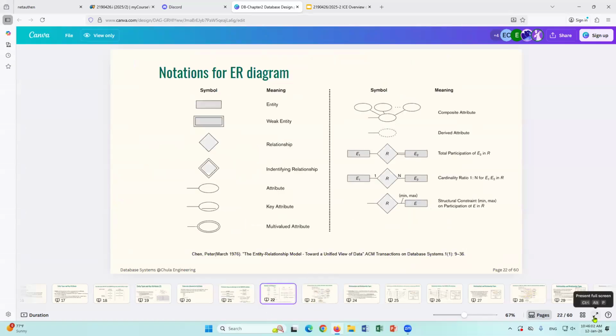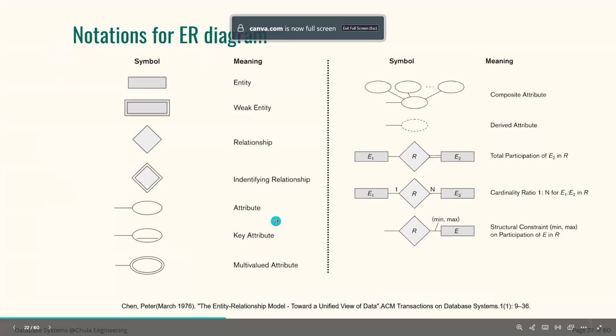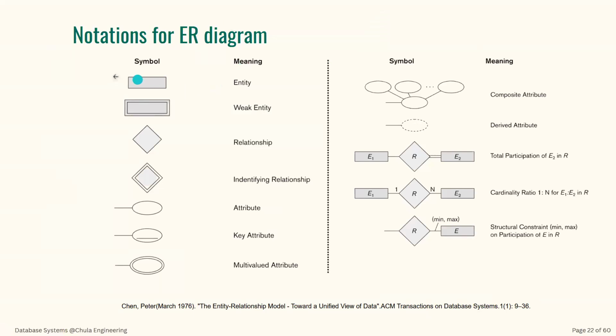All right. Now, so to sum up all the notations from the previous example, you will see that the entity or entity type is a rectangle. The one with double line is another entity type, which is called a weak entity. Whenever I say weak entity, it means that that entity doesn't have a key of its own.